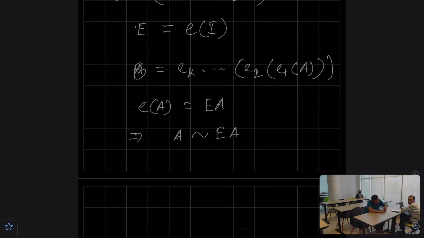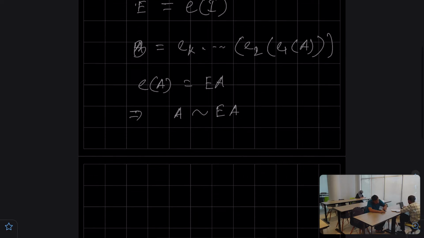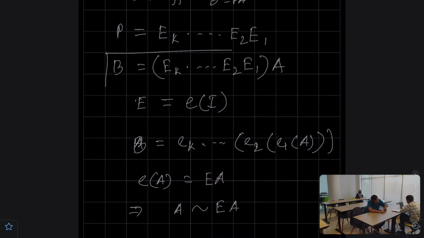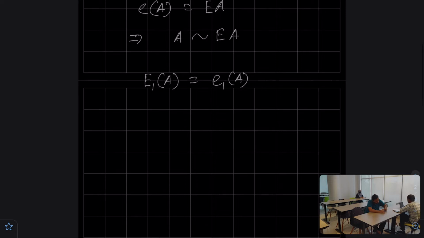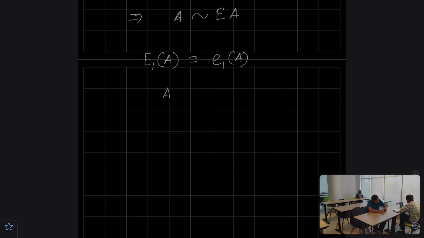Then considering B equals E_k, ..., E2, E1 A, E1 of A is some elementary row operation applied to A, and we know that A is equivalent to E1 of A. That means this is also equivalent to E1A.